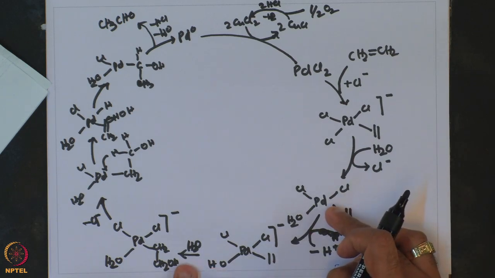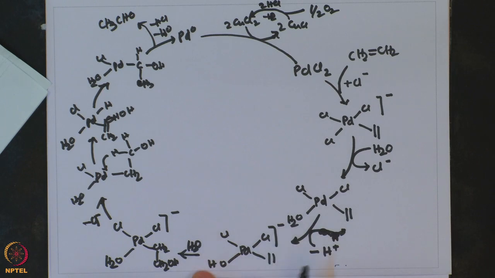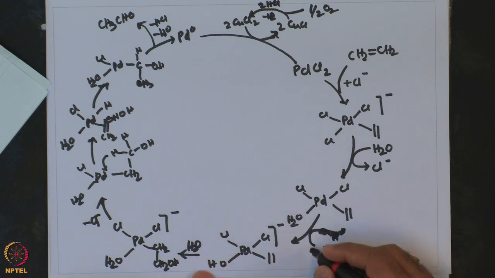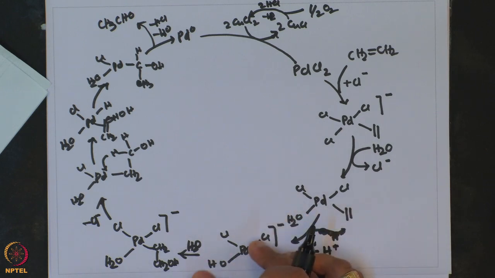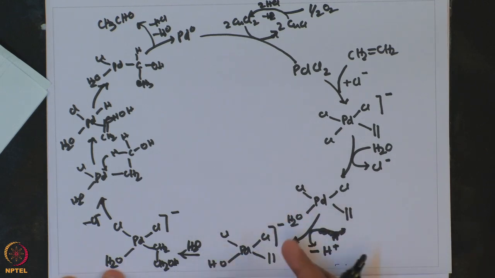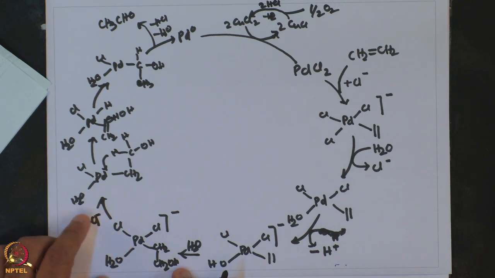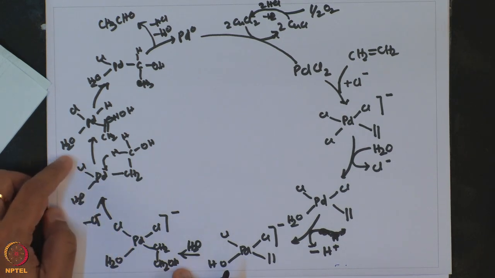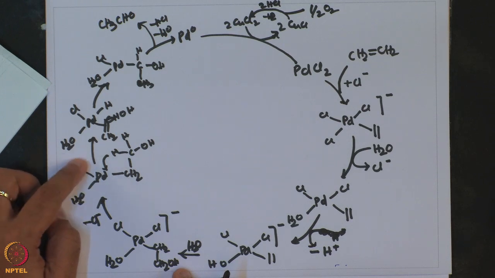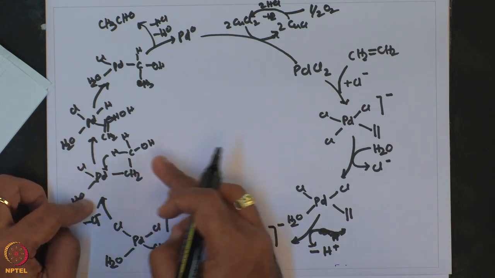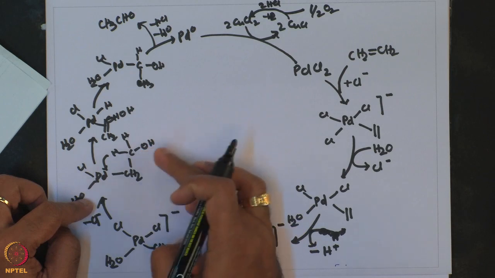After the replacement of the chloride with the water, it loses a proton to give an anionic hydroxo species, then water is added to this olefin and this becomes CH2OH, chloride is lost to give Cl, water, CH2 neutral compound, CHOH.